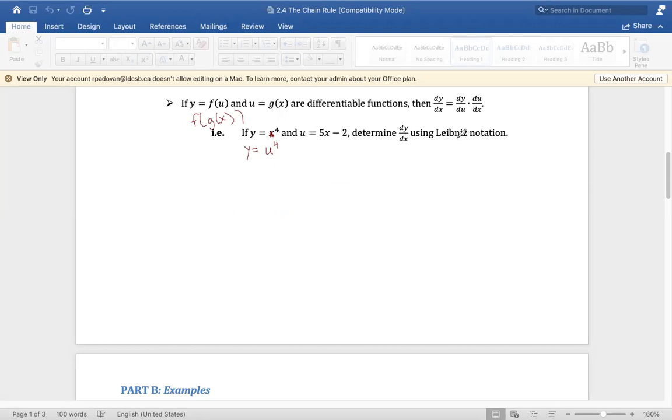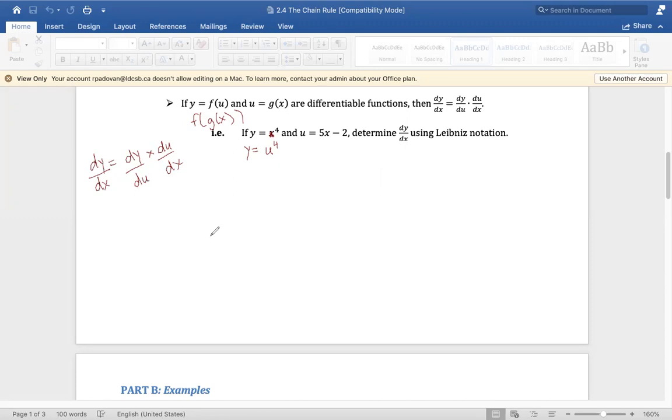So I'm just going to color code here. In order to figure out dy dx, just to put over here off to the side, dy over dx, that is going to be equal to dy, differentiate y with respect to the first variable u, and then I'm going to multiply that by du with respect to the other equation that has x in it, so du dx, okay? So I'm going to differentiate basically both separately.